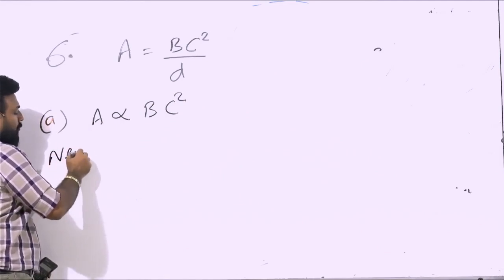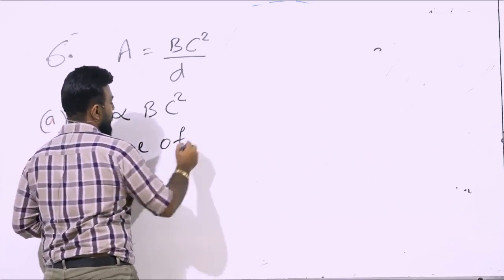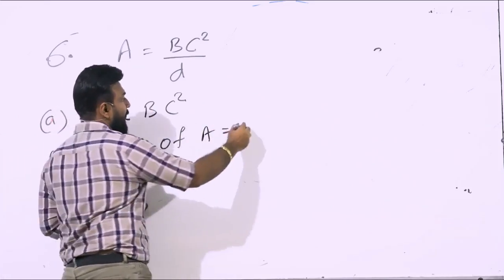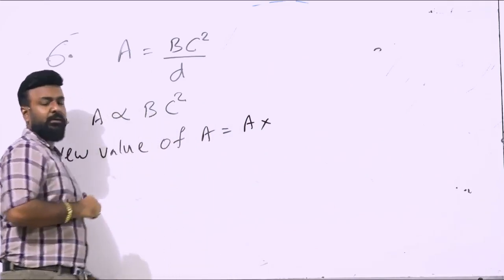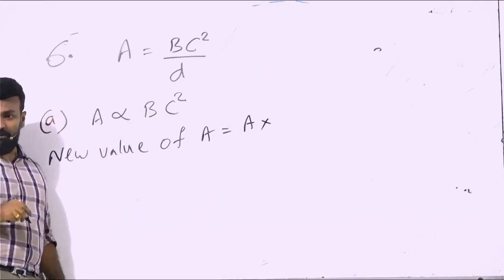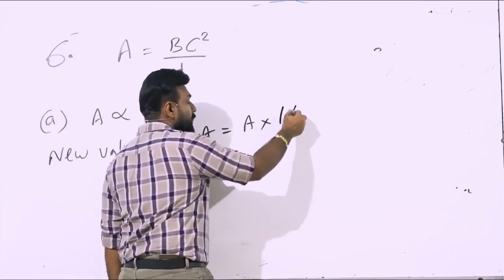New value of A is A into B, which is increasing by 4%. So it is what? 1.04.